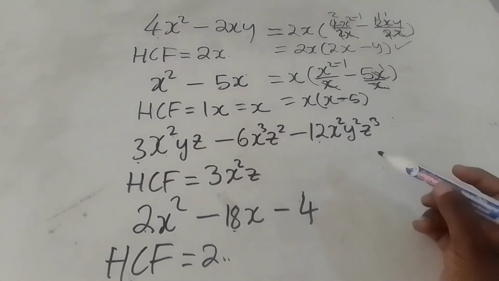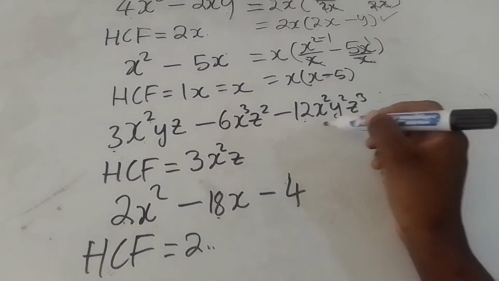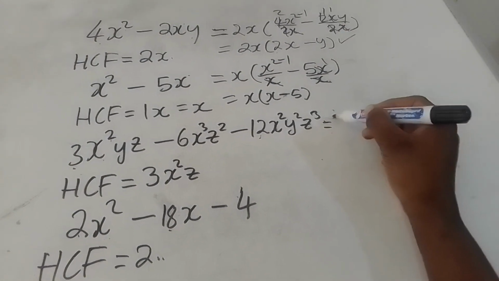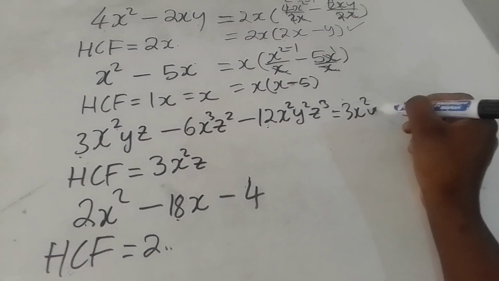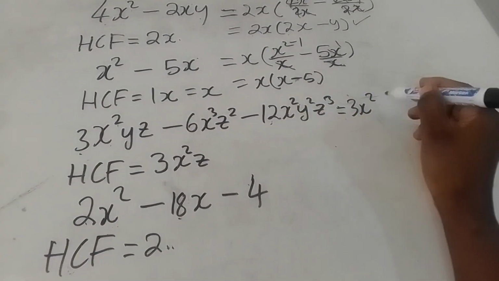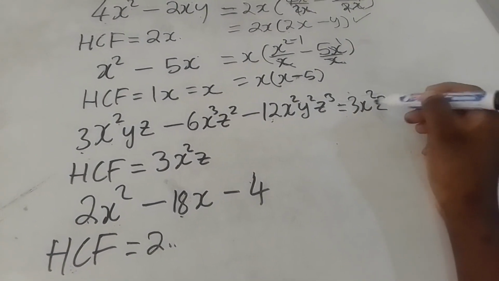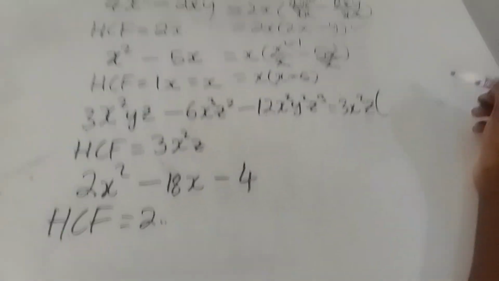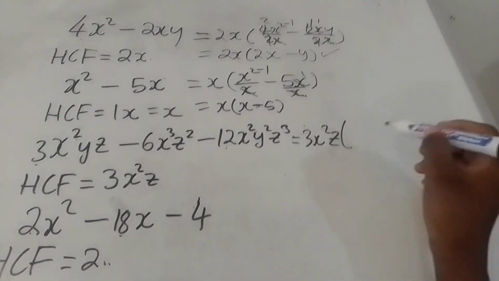Then let's go to the third one. On the third one, the highest common factor is 3x squared z. Always write your z with a line through it, or strike through, so that it is not confused with 2. So let's see.